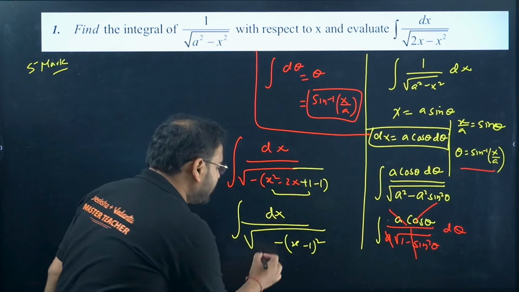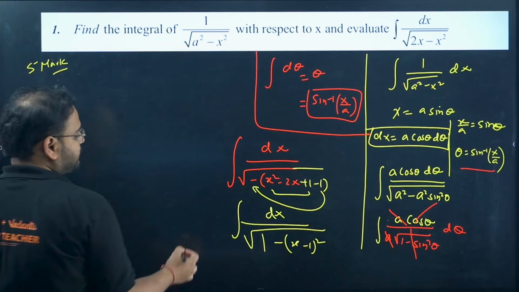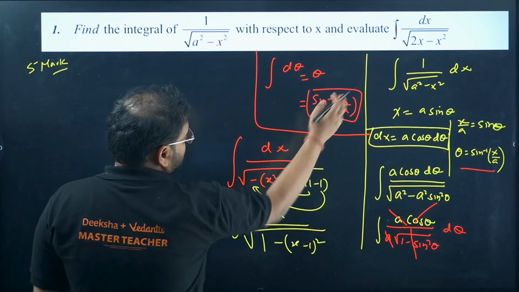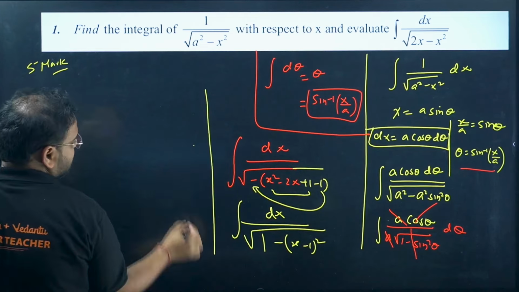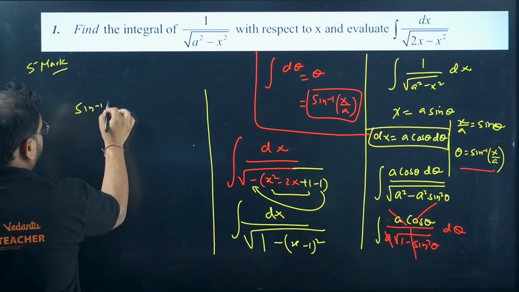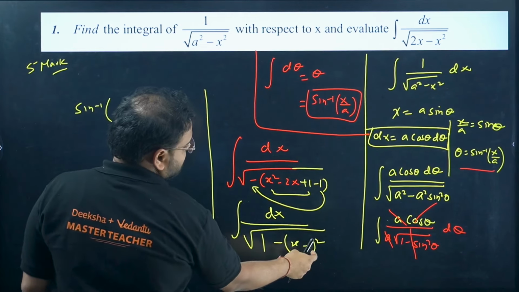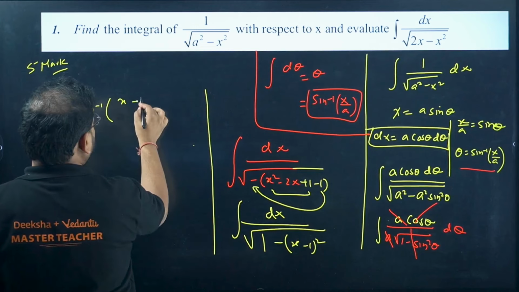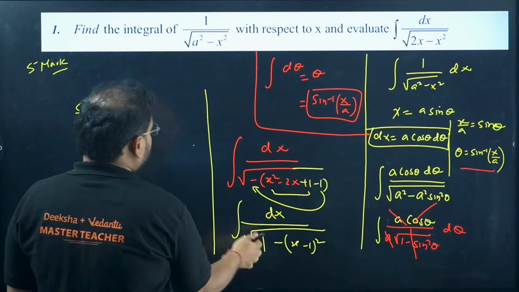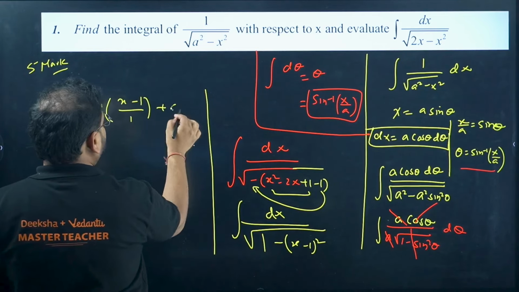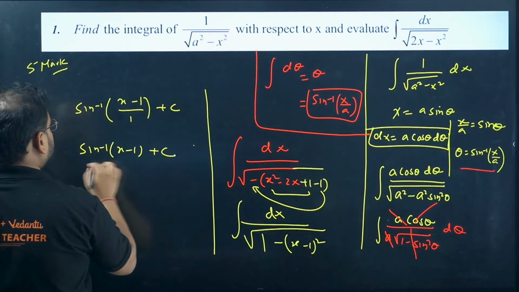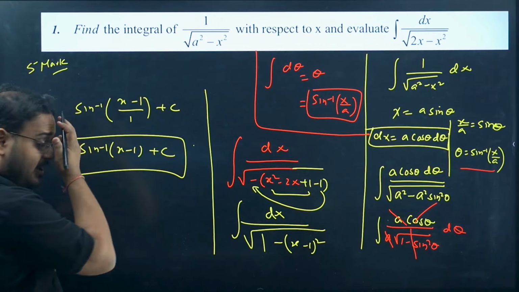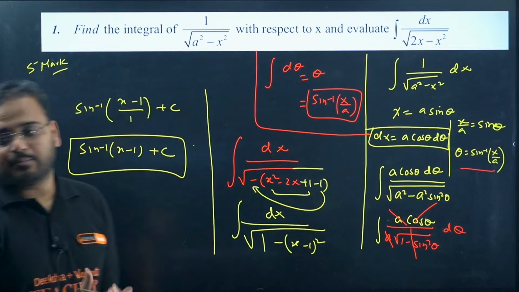Now you can compare this with the original form of the equation, and your answer is sine inverse of x. What is this? X is x minus 1, so x minus 1 by a. What is a in this case? 1. Plus c. What is my answer? Sine inverse of x minus 1 plus c. Check. 5 mark question dealt with a simple approach.